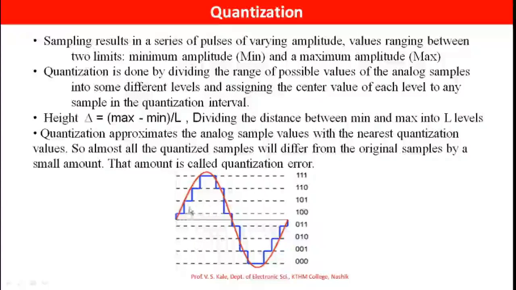Here the height, that is the difference between two successive horizontal lines, that delta is equal to maximum minus minimum divided by how many number of levels are made, that is L. Dividing the distance between minimum and maximum into L levels gives us delta, that is height.